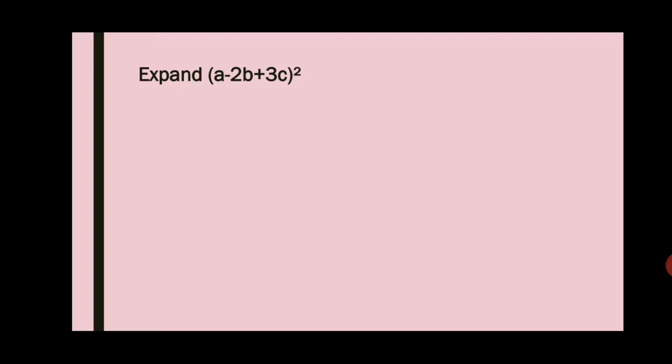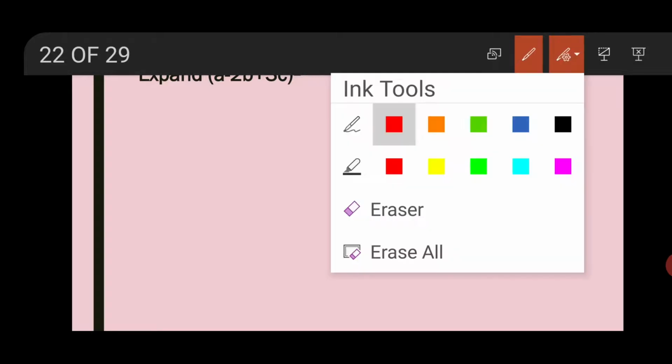Understand? Next, let us move to one more polynomial. Expand (a minus 2b plus 3c) whole square.